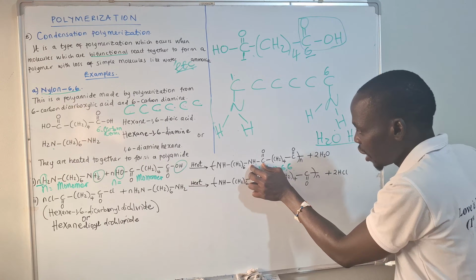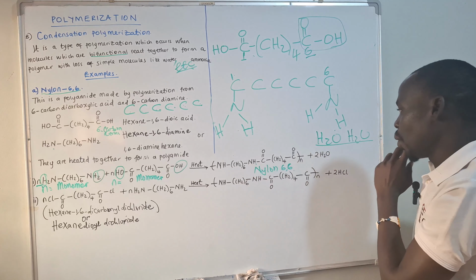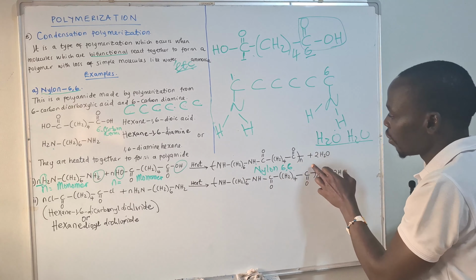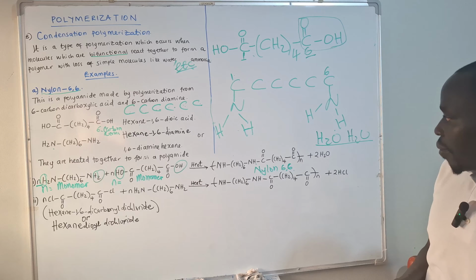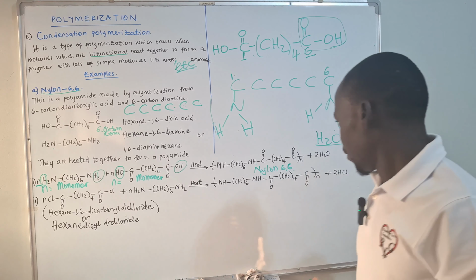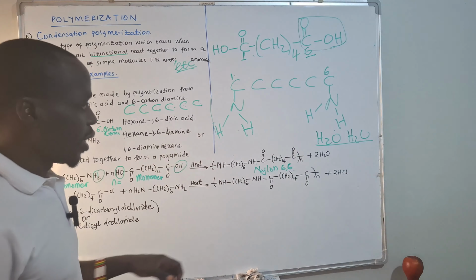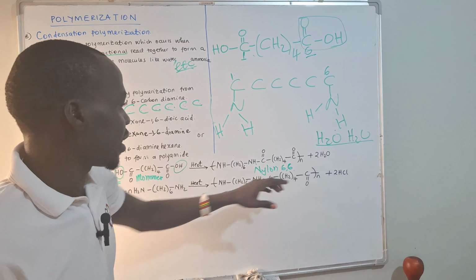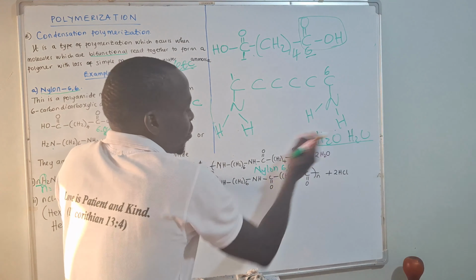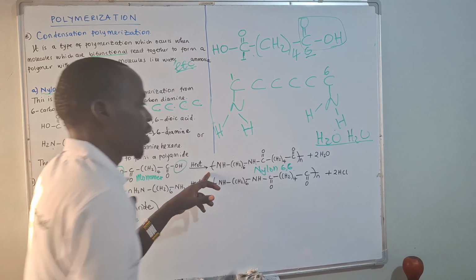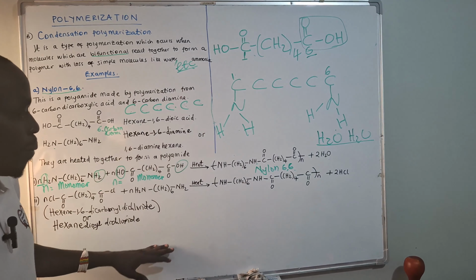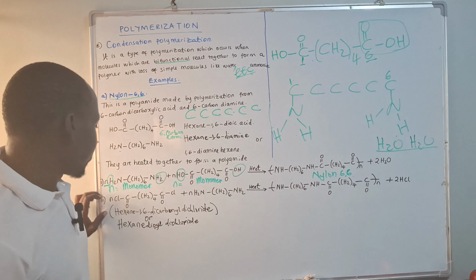That's why you are seeing this like this. Then we shall be in position to form nylon 6,6. This N is telling us that others can still come in and combine, to a very, very far place.